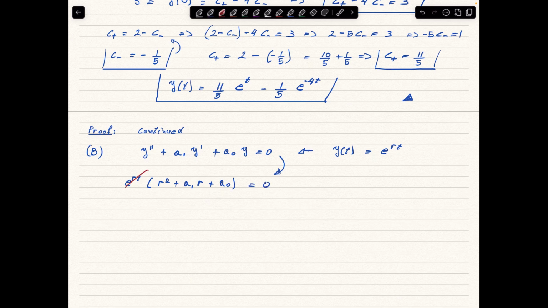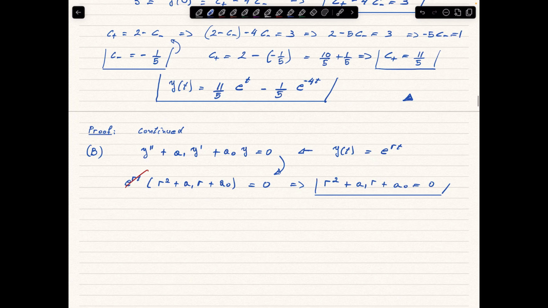We cancel the exponential and we get the characteristic equation for the exponent, r^2 + a1 r + a0 = 0.